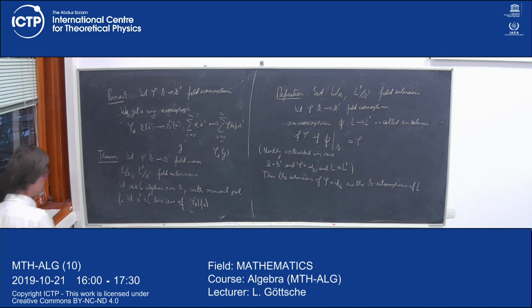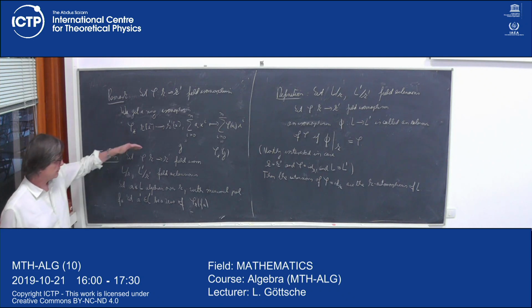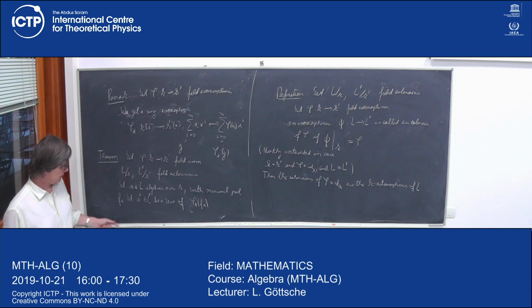Then the claim is there is a unique extension of phi as a map from k(a) to k prime(a prime), which sends a to a prime.